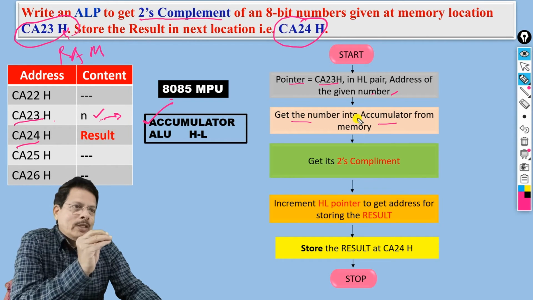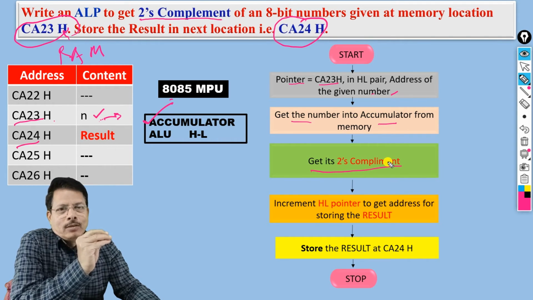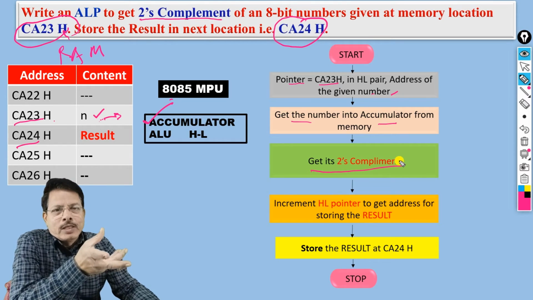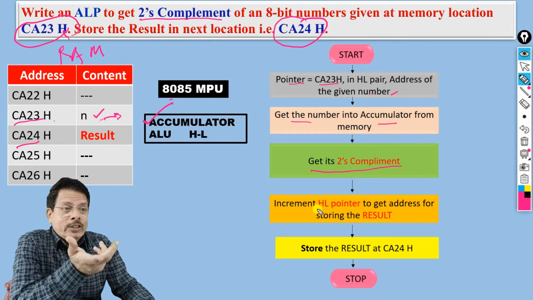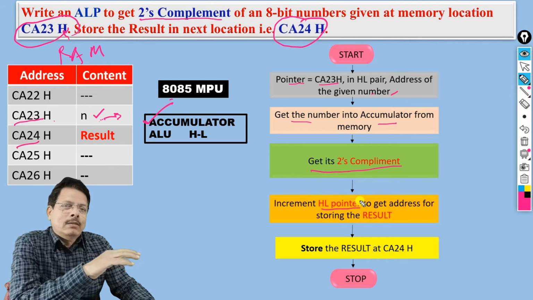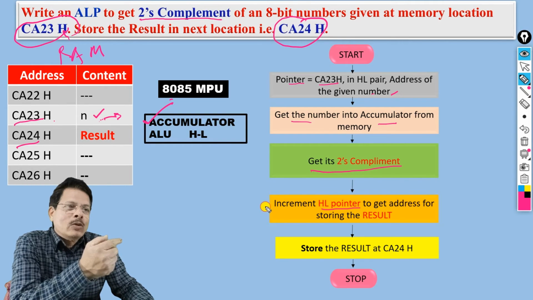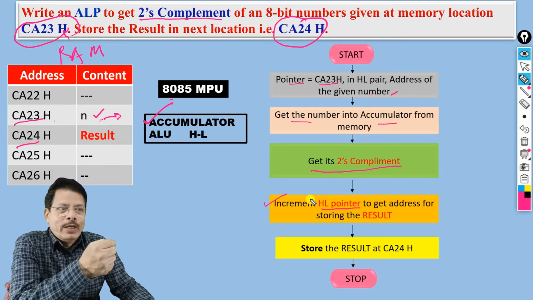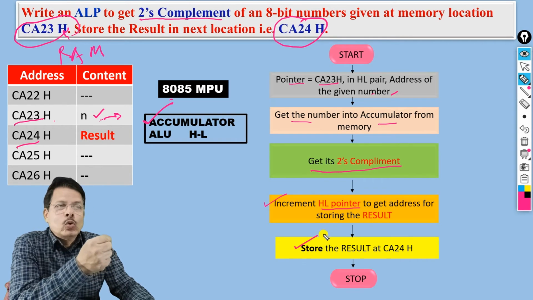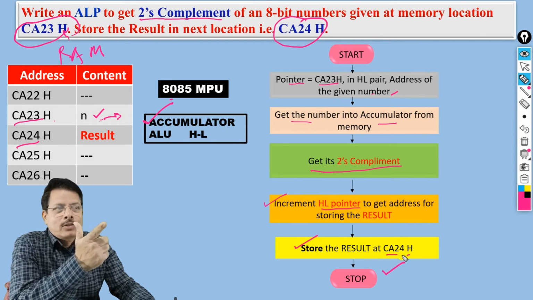Then the next step will be to get its 2's complement, so write the appropriate instruction and you will get the result in the accumulator. Next, we want to update the pointer, because we want to store that result, the 2's complement, in the next location. Therefore, to get the next location, we have to increment the HL pair, and finally store the result at CA24. Why CA24? Because you have incremented it, and then just stop there.